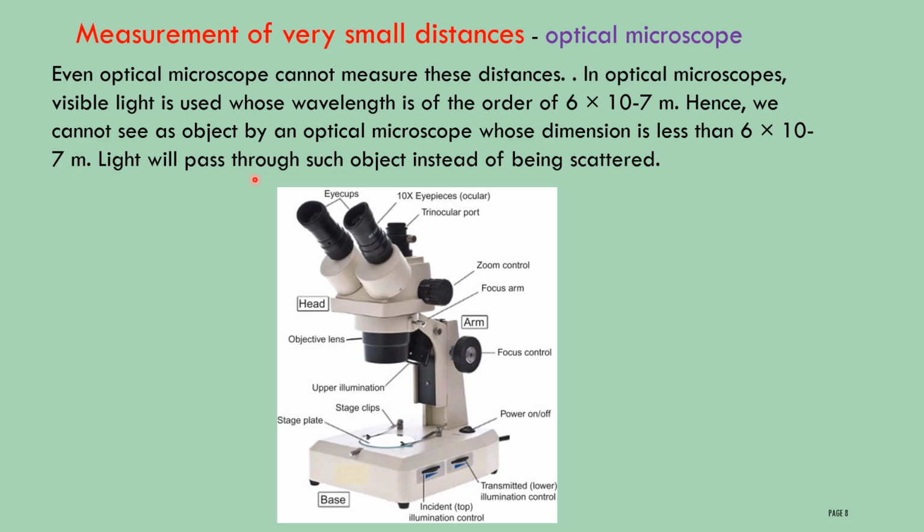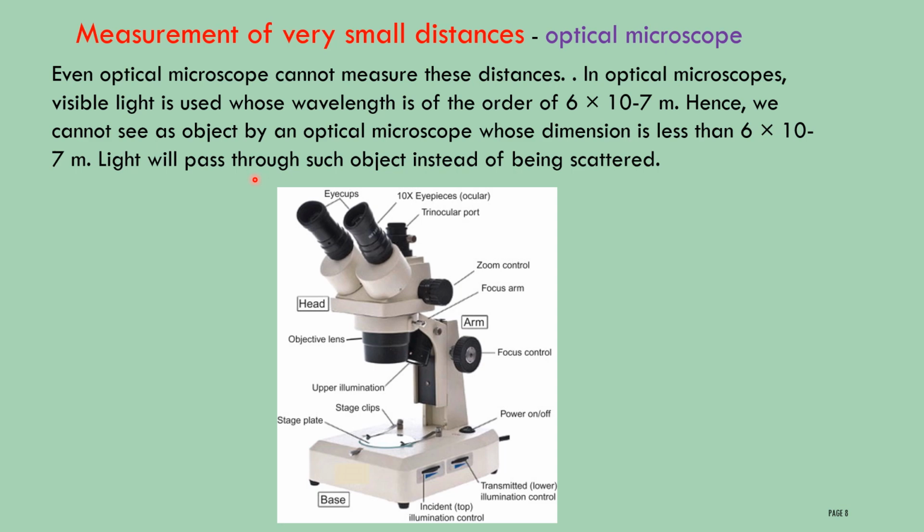If the dimension is less than 6 into 10 to the power of minus 7 meter, then you can't see the object, because in an optical microscope we use only visible light whose wavelength is in the order of 6 into 10 to the power of minus 7 meter.